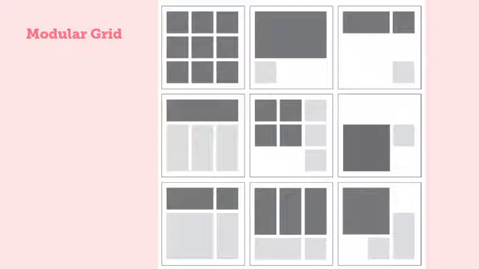So I think this visual makes it a little more clear, where if you look at that first thumbnail on the top left, it's a 9-cell grid, right? If you think about all these dark gray squares as images and the light gray squares as text, I think you can really visualize how this modular grid works.